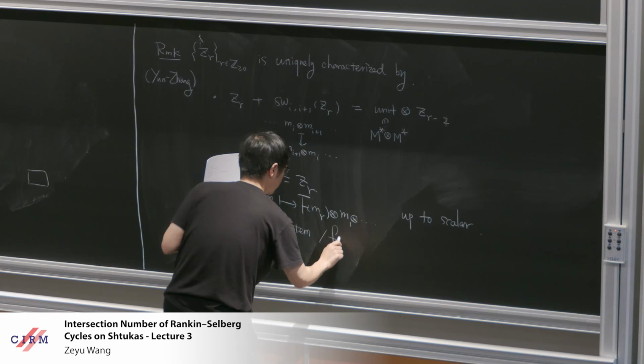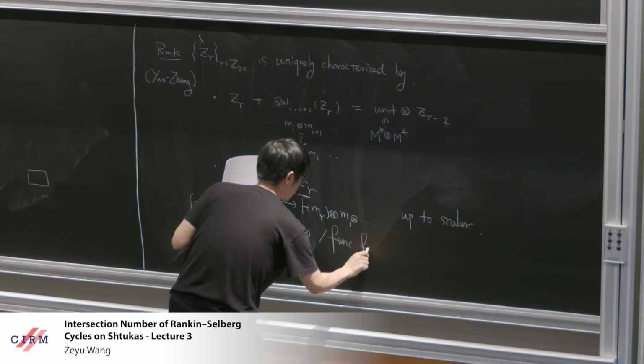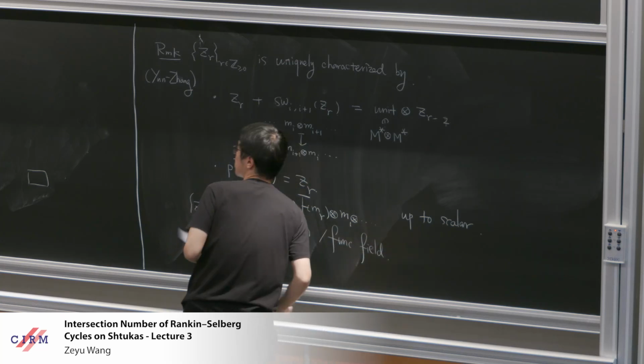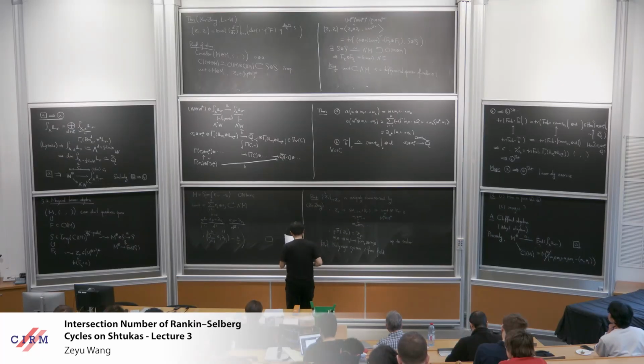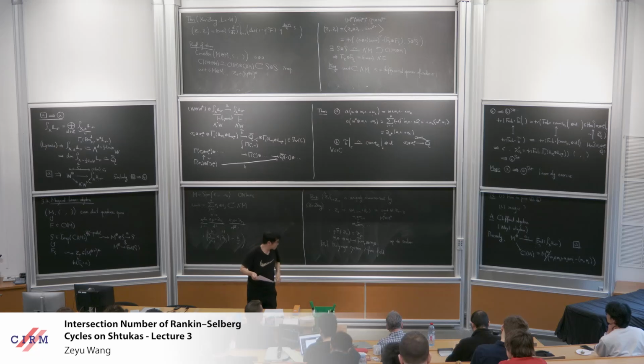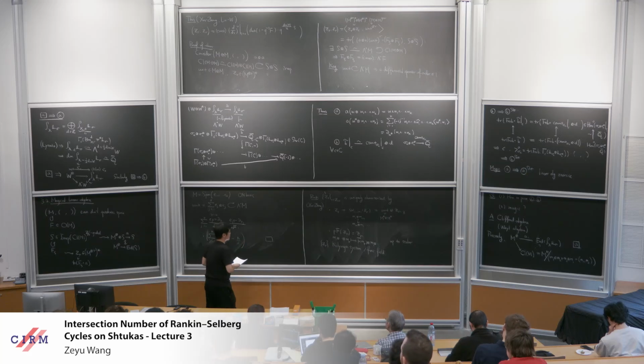It shares something in common with Kolyvagin systems, but I don't know much about this, and I don't have much time left, so I choose not to go into this.